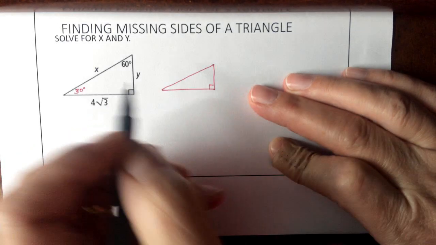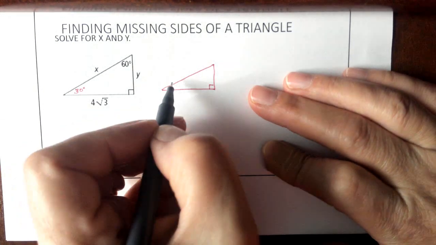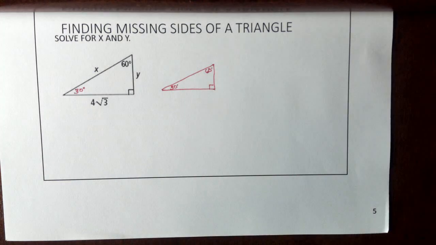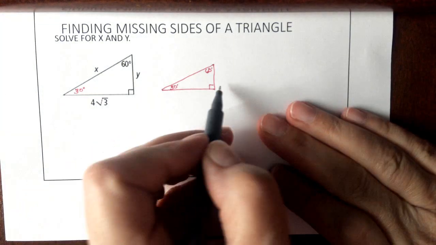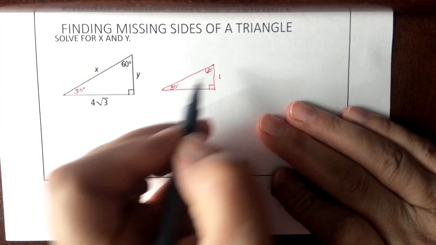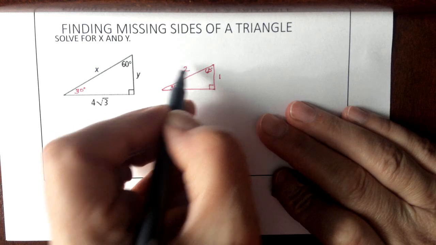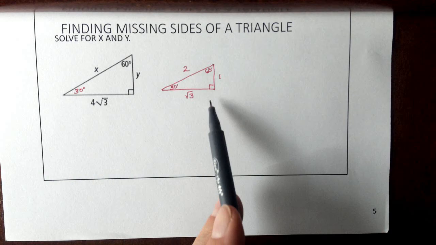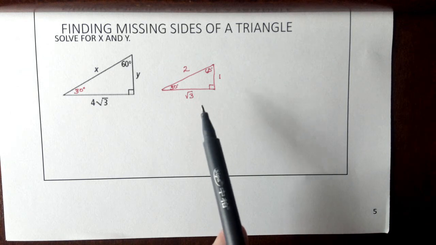So let's draw a triangle in the same orientation with a 30-degree angle, a 60-degree angle, and a 90-degree angle. And opposite the 30 is a 1, hypotenuse is 2, opposite the 60 is radical 3. And I know this because I have my triangle memorized.